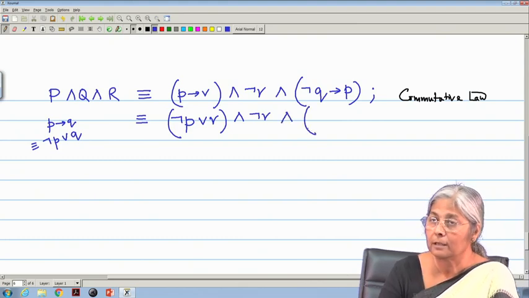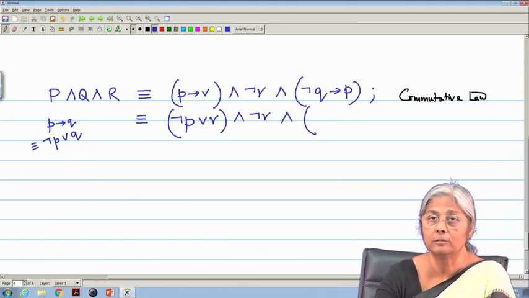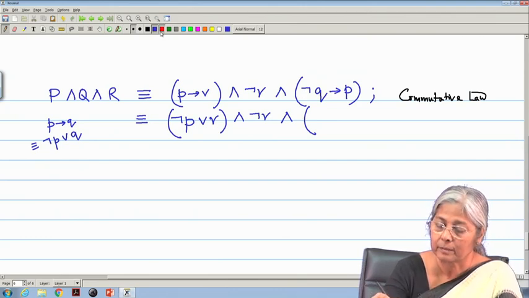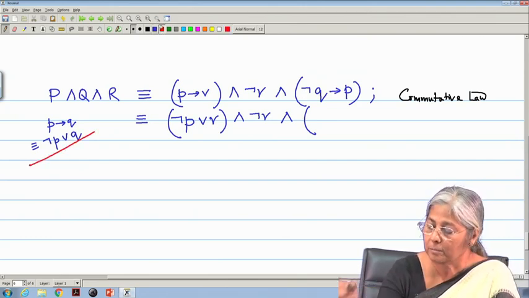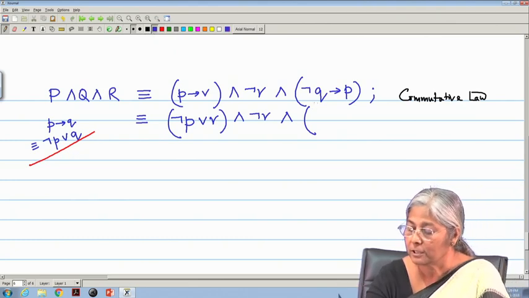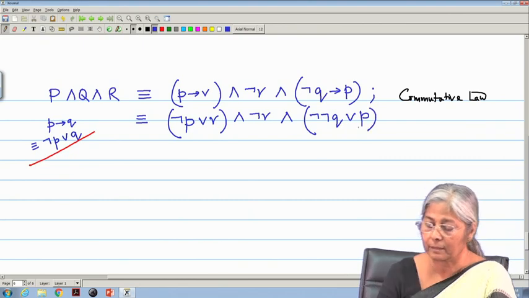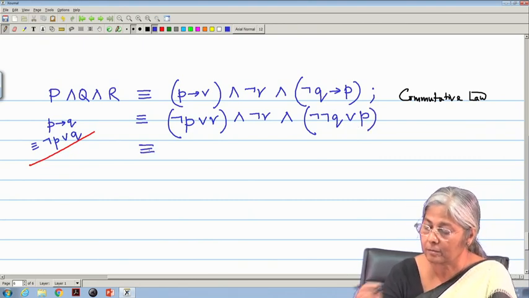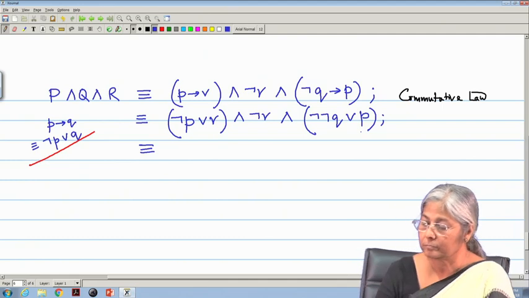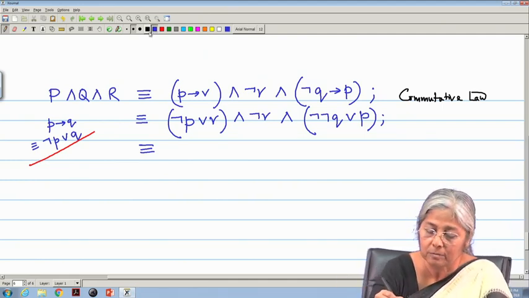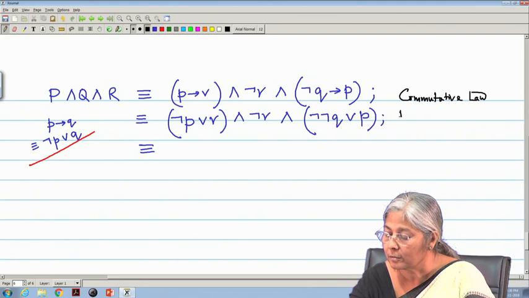Similarly, I can apply the implication here: negation of negation q or p. So, this is the equivalence of implication.